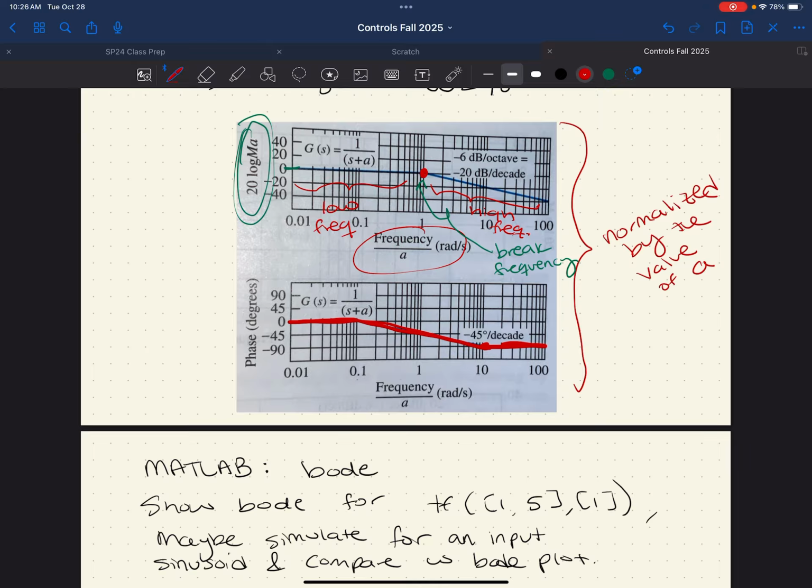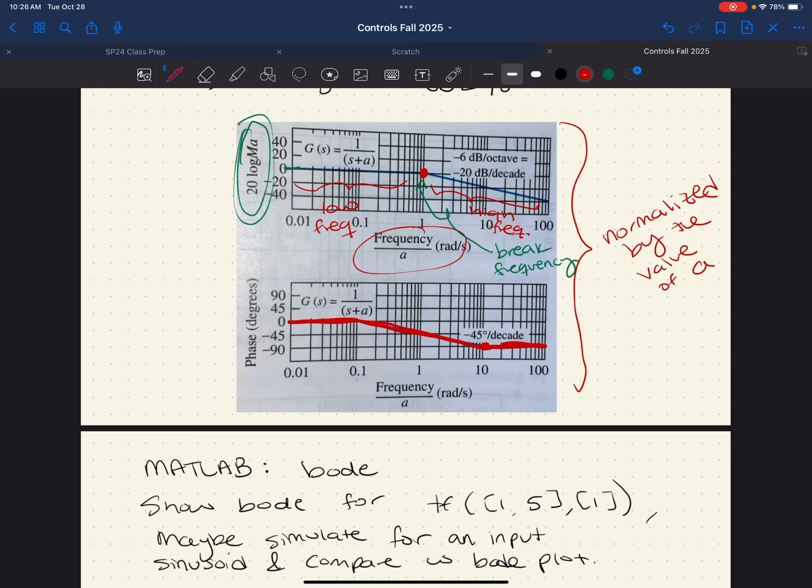All right, in MATLAB, let's convince ourselves that the book is correct. So let's draw the Bode plot for a single 0 system. So I do my transfer function the same way I always do. We'll have S plus 5. We'll say A is 5 just for giggles here.